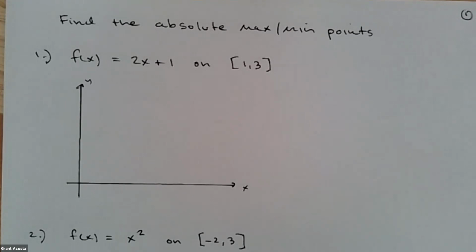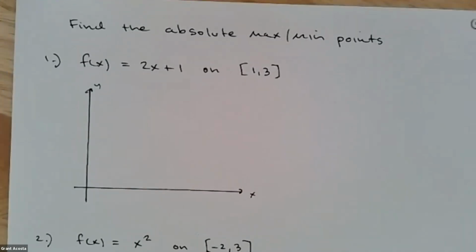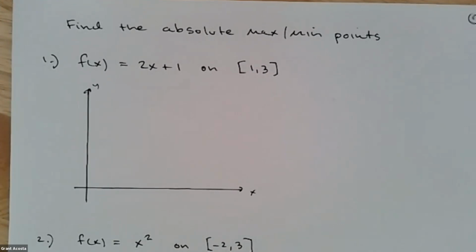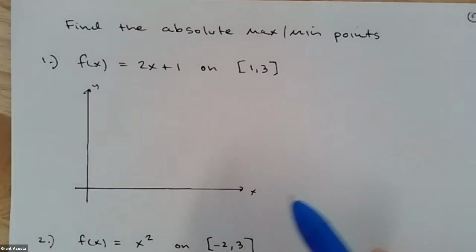Okay, so the beginning of chapter 4 is about finding the absolute max and min values of a function on a closed interval. Let's take a look at some really simple graphs, because if we're asking for the absolute max and min points, we can actually sketch these.